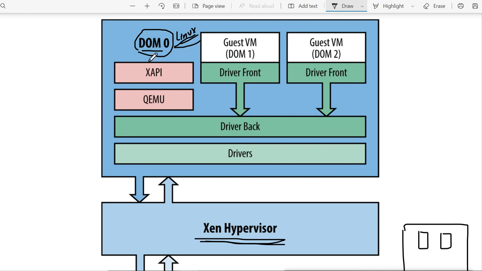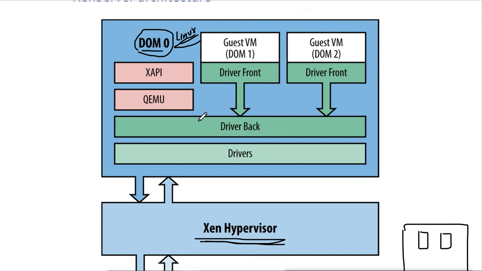So Dom0 is Linux, but remember, XenServer is not Linux. Managing and maintaining XenServer, creating virtual machines and managing them, is different from Linux. So Linux is different and XenServer is different. Whatever XenServer management APIs we have are installed into this Linux machine, Linux Dom0.